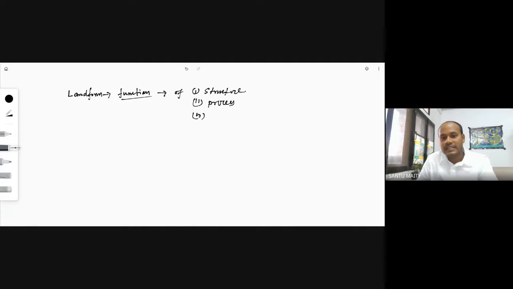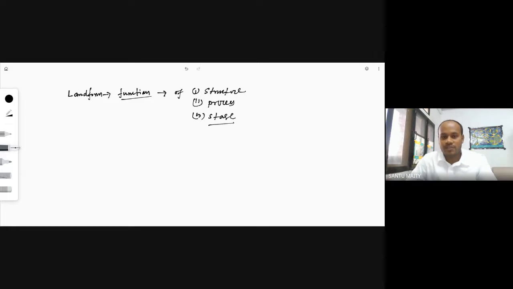He has explained that each and every landform, if we take landform as a unit, is the function of three things. What are those three things? Structure, secondly process, and thirdly stage.